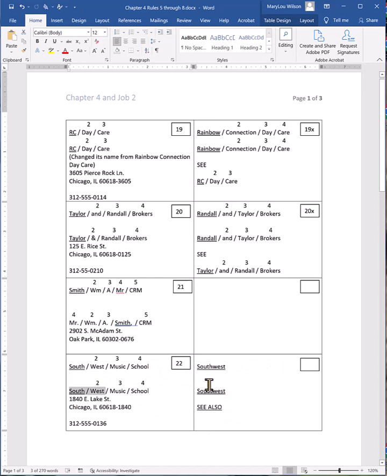So Southwest could be written as Southwest, two words. Now, let me take that, because we're going to code it as Southwest, underline it, and now my second unit is unit 2.